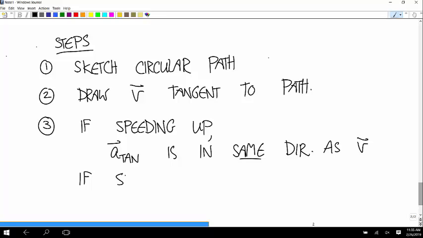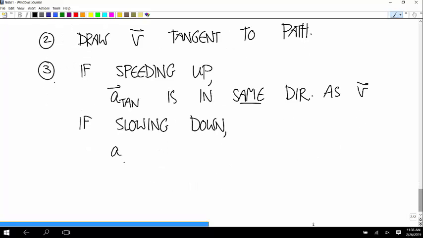And if the object is slowing down, the tangential acceleration is opposite the velocity vector. Notice these are exactly the same steps as for general two-dimensional acceleration. It's just we have new names for these, and we'll also be able to calculate the magnitudes of these parts of the acceleration.